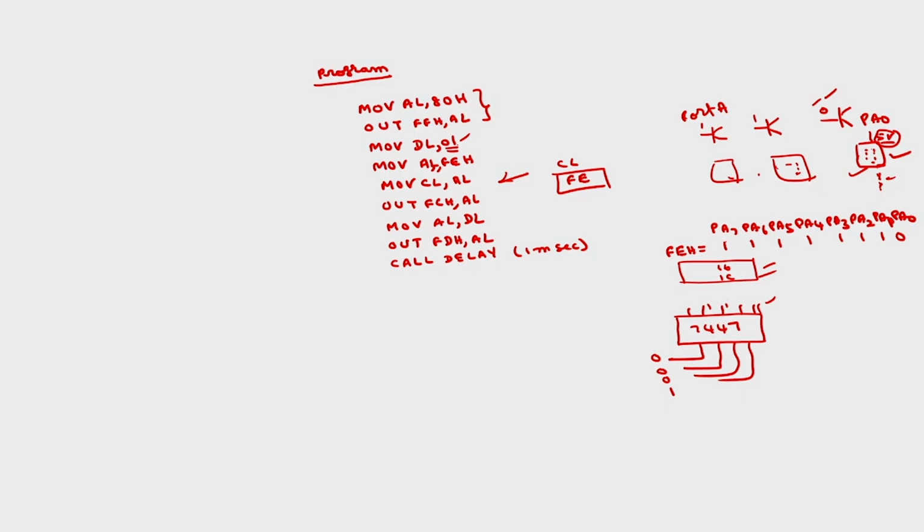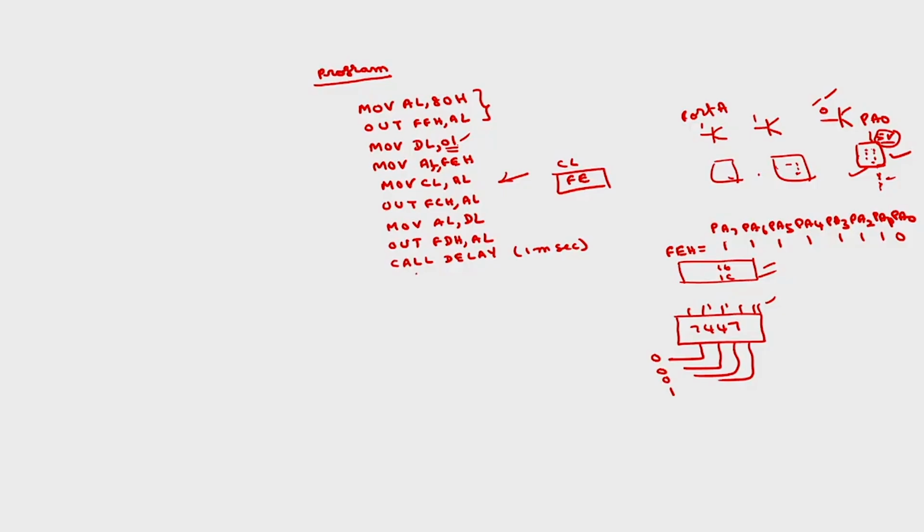Then before you send the second digit to the second display, that is 2 to the second display, you make sure that all the displays are off. So, I am going to turn off all the displays. How to turn off all the displays? You make MOV AL comma FF, OUT port A, FCH. So, with these 2 instructions, all the displays will be disabled.